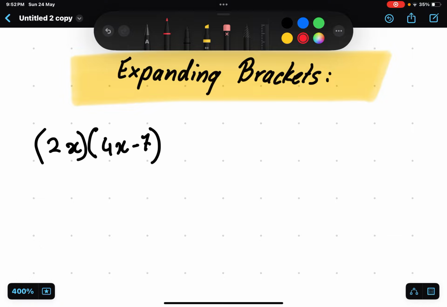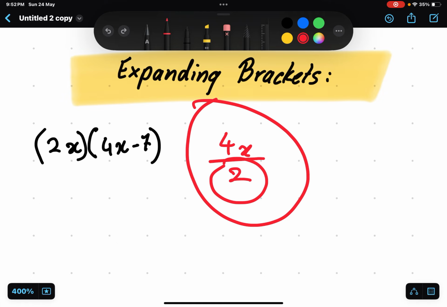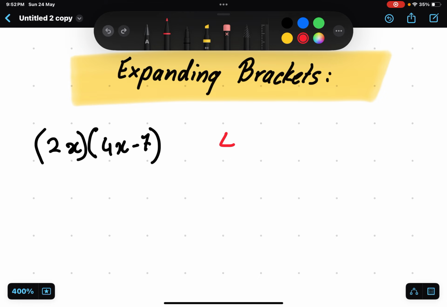So, remember, terms are separated by minus or plus. That's one way that you can find out terms. For example, if it was 4x minus 2, this and this are not separate terms. This is a whole term together. So that's what we need to keep in mind, that we're identifying our terms and then we're multiplying from there.